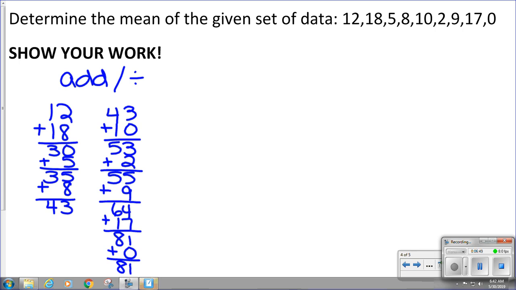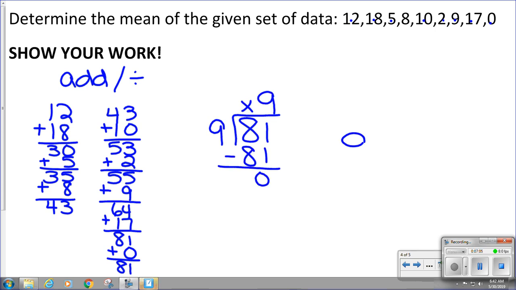I get a total of 81, and to figure out what I'm dividing by, I count up how many numbers I added together. 1, 2, 3, 4, 5, 6, 7, 8, 9. 81 divided by 9 is 9.